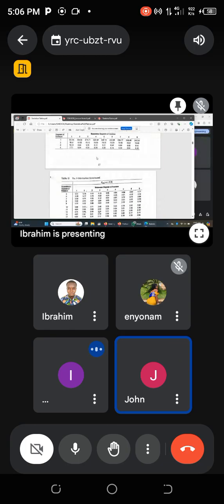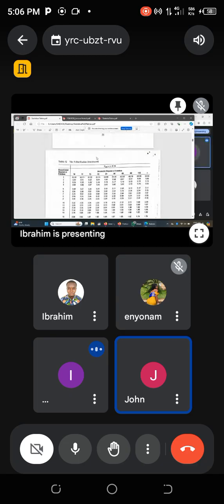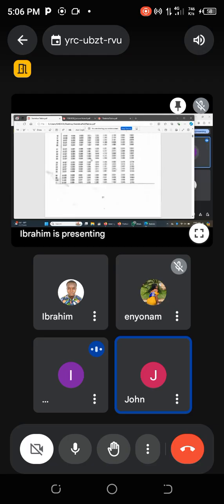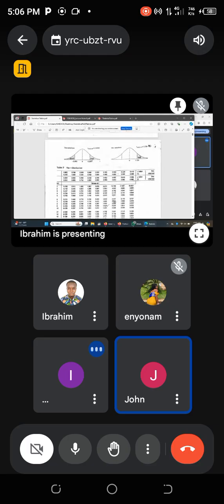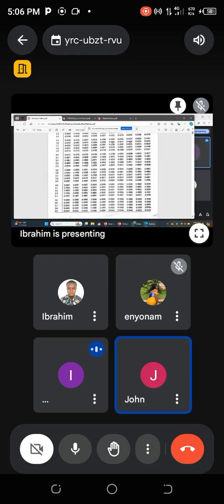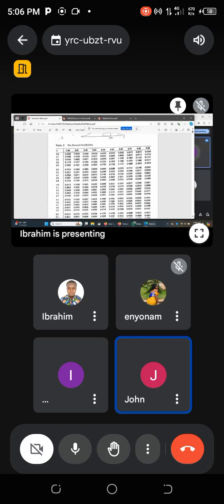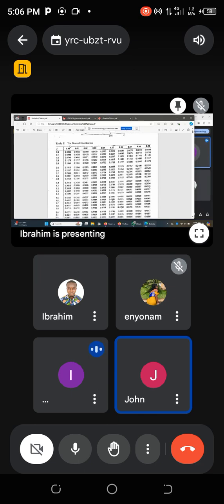So the Z distribution table, the question will give you the alpha level, that is the level of significance. It will give you the level of significance. So now this level of significance is what you will use.